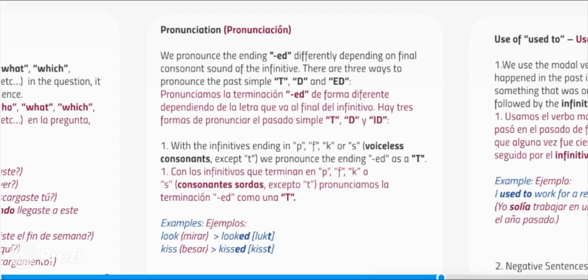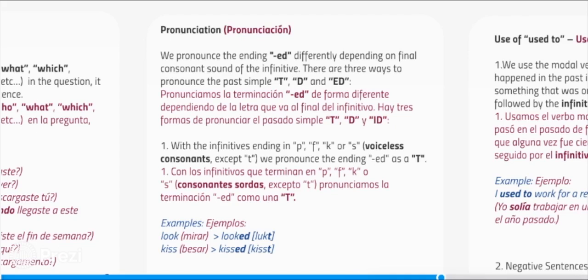With infinitives ending in P, F, K, or S, voiceless consonants except T, we pronounce the ending -ed as a T. Examples: look, looked; kiss, kissed.